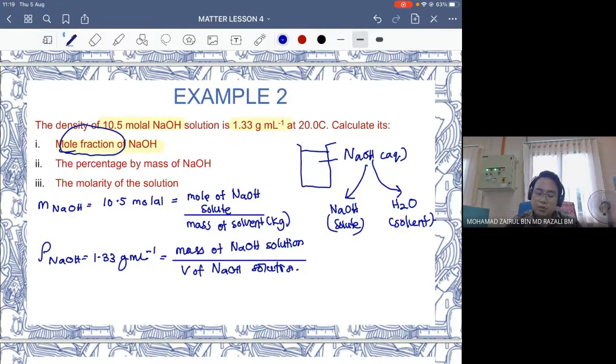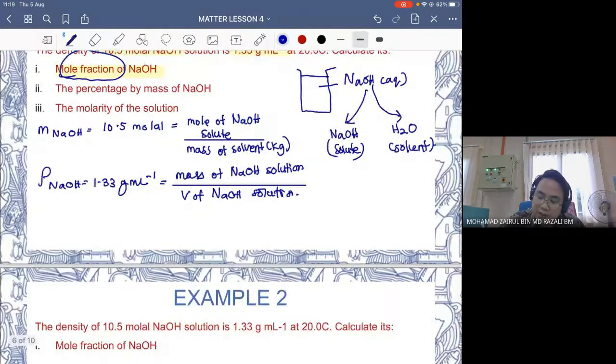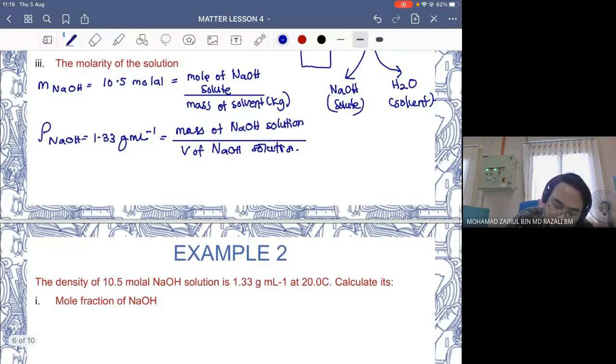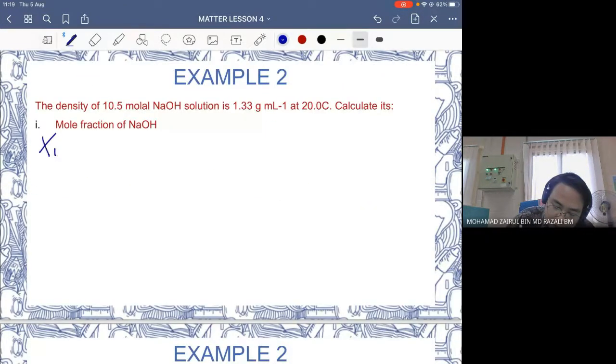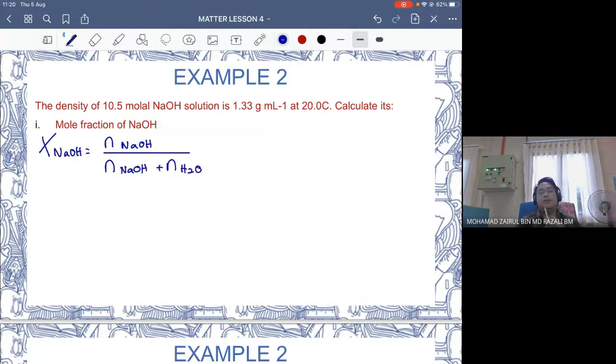So if you want to calculate the mole fraction of NaOH, okay, so is mole of NaOH divided by mole NaOH plus mole water.